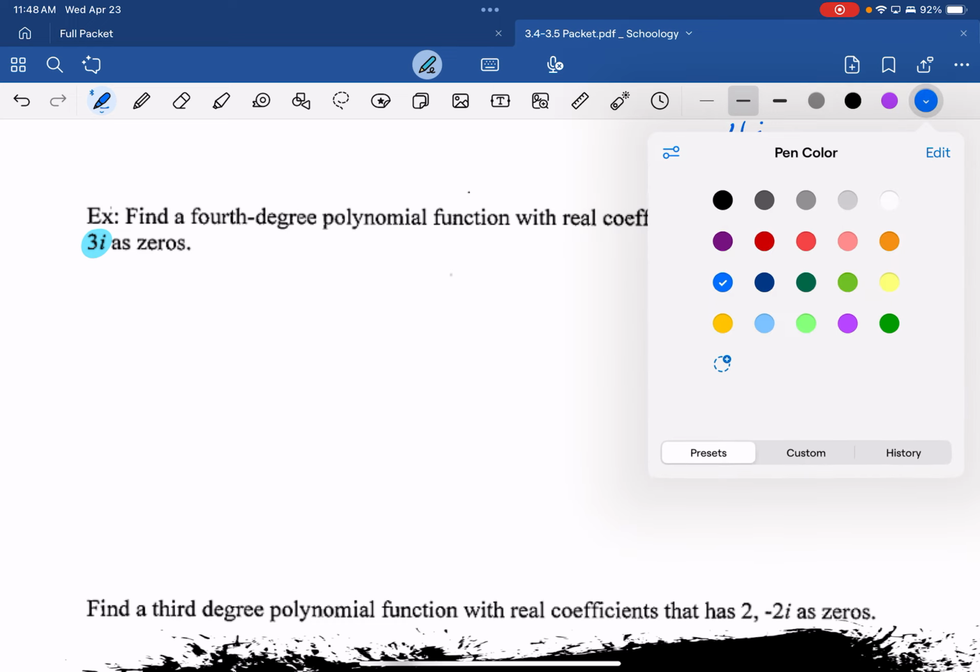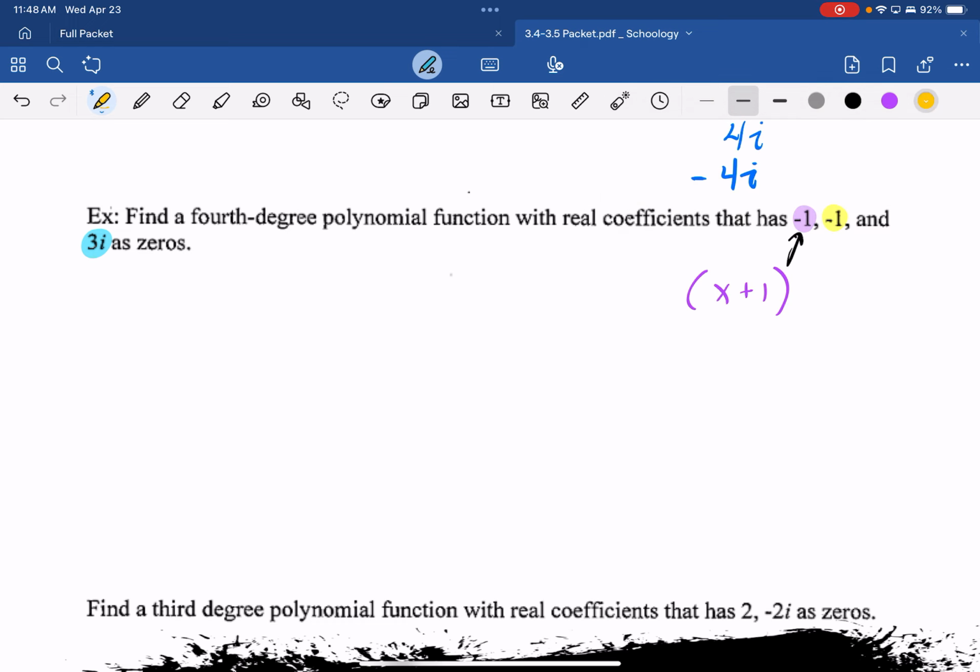Now, don't get caught up, even though I list -1 again, we can't just disregard it. That just tells me I have another binomial that's x plus 1 as well. And last but not least, this is using that new rule that I just told us. It tells me that I have a 0 of 3i.